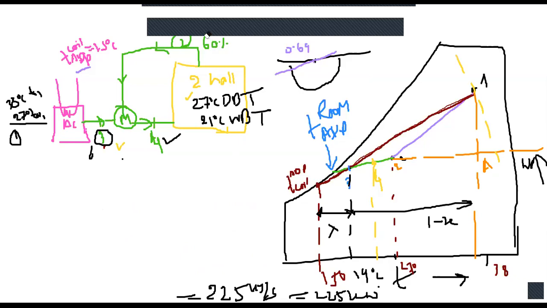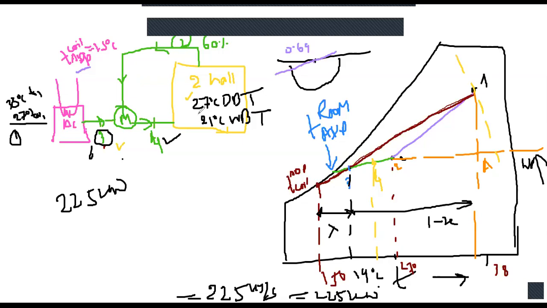First of all, 225 kilowatt is the capacity or refrigerating load on the AC. So how much AC do we require to maintain this configuration?